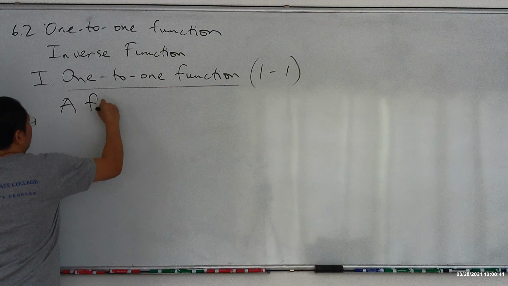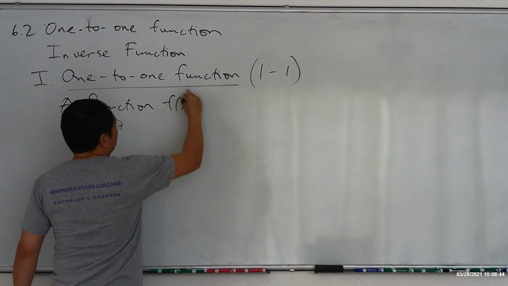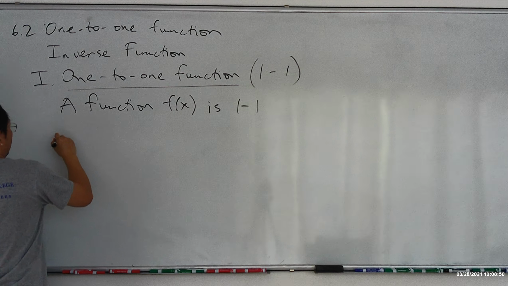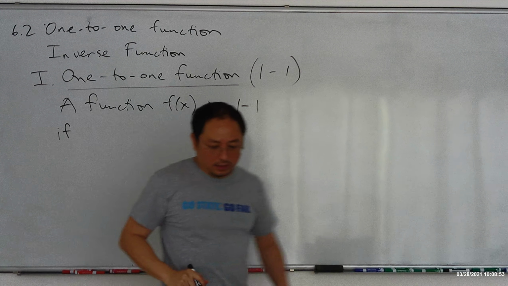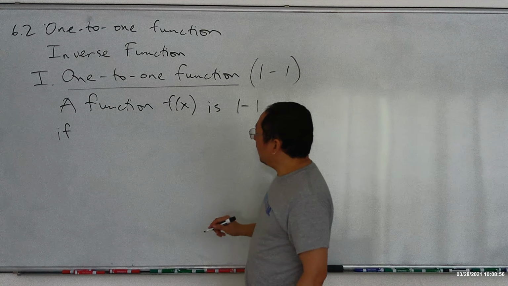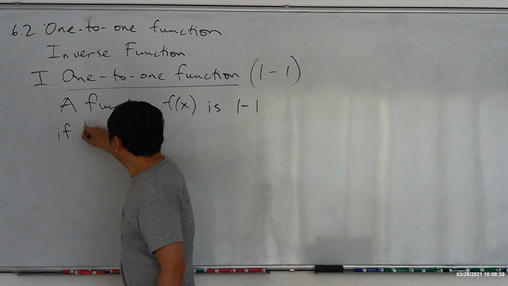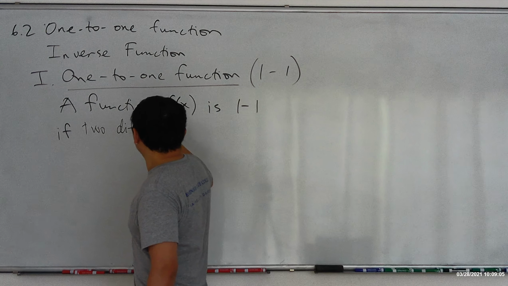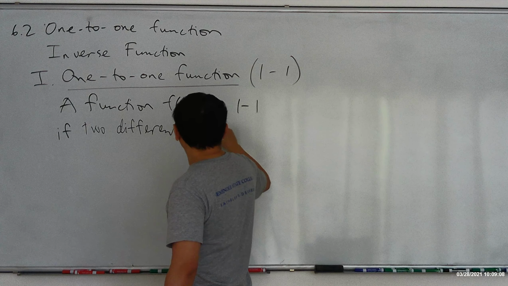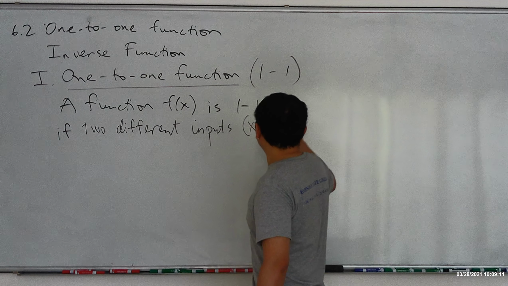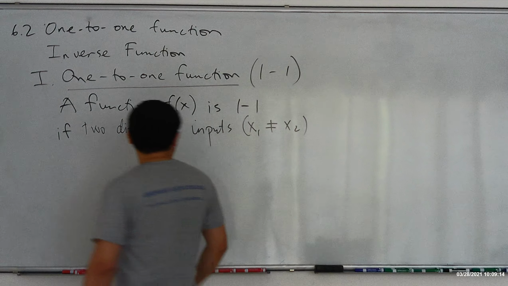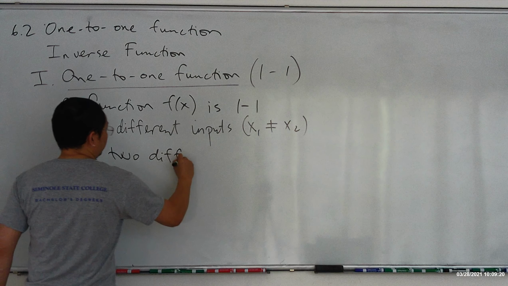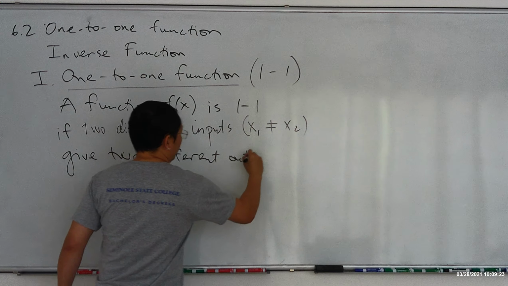A function f of x is one-to-one if two different inputs, say x1 is not equal to x2, give two different outputs.